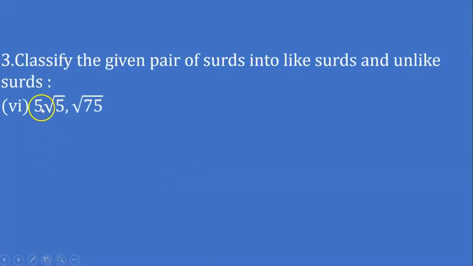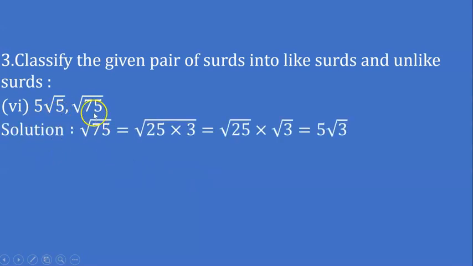Next, 5 root 5 and root of 75. Now we'll simplify the root of 75 first. Root of 75 is equal to root of 25 into 3, which is root of 25 into root 3. Root of 25 is 5. Therefore, 5 root 3.